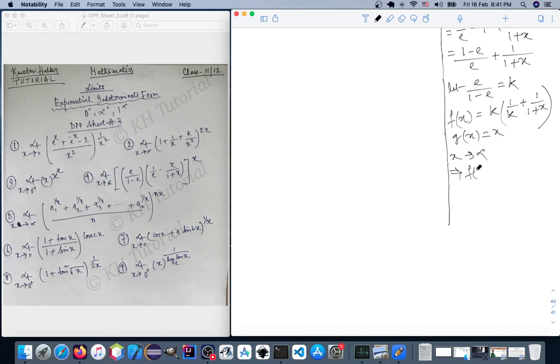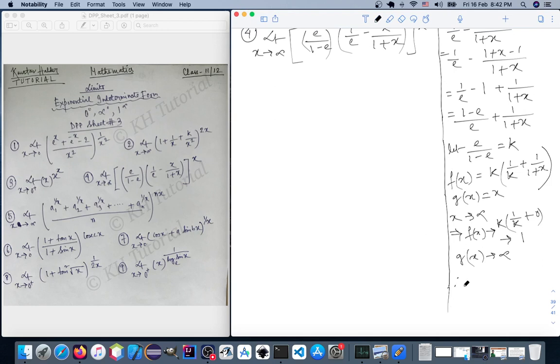So x tending to infinity implies f(x) tending to 1 by k plus 0, tending to 1. So clearly f(x) is tending to 1 and g(x) is tending to infinity as x tends to infinity.